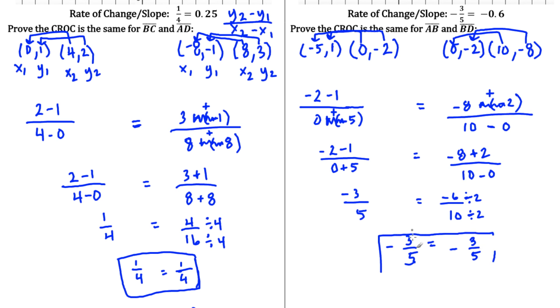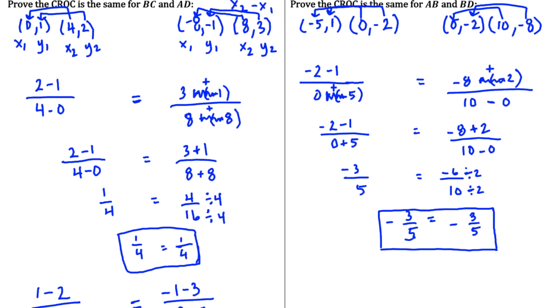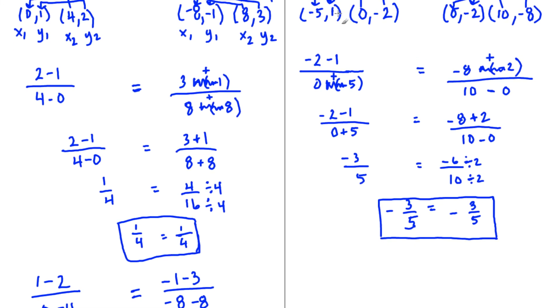Now remember, I'm going to show you the other direction, but we're not going to do all of the math. So instead of doing negative 2 minus 1, we will do 1 minus negative 2. And instead of 0 minus negative 5, we'll do negative 5 minus 0.